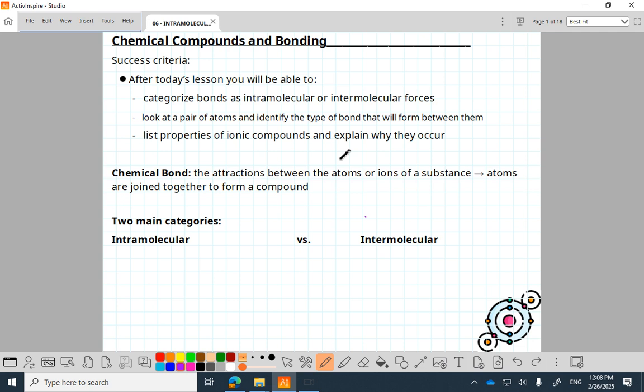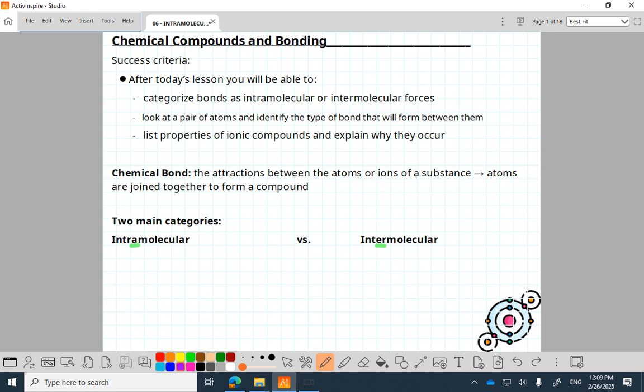Okay? So when you have a chemical bond, that means that atoms or ions, particles, are bonded together. Sometimes it has to do with switching partners and like displaces like, or cations and anions, and sometimes it doesn't. So these two broad categories, intramolecular and intermolecular, differ by very little in their spelling, which is a little bit frustrating.